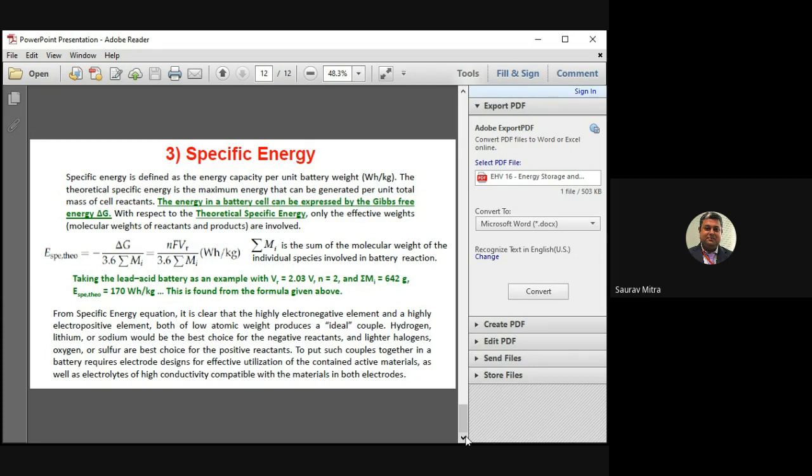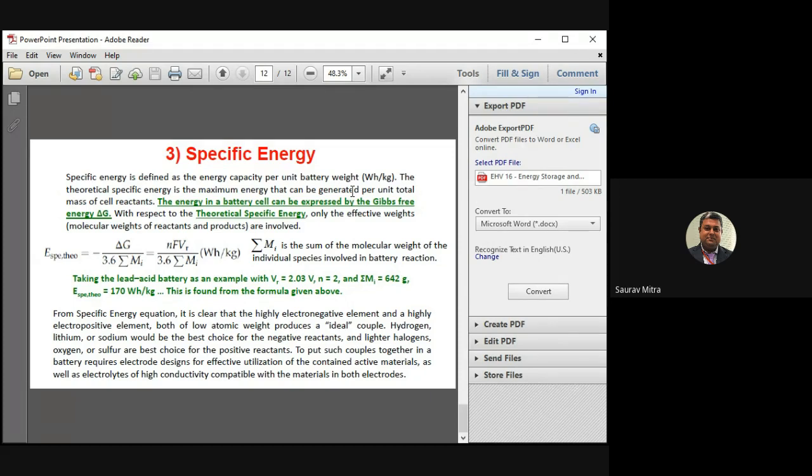We are going to see what is meant by specific energy. Specific energy is defined as the energy capacity per unit battery weight, watt hour per kg. That is very important. So the battery should be lightweight and it should be giving you a huge amount of energy.